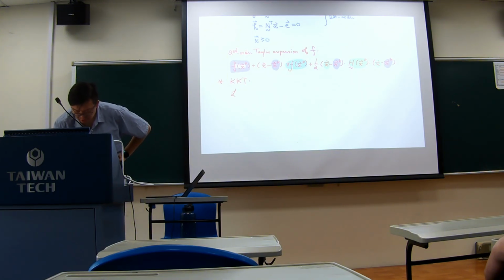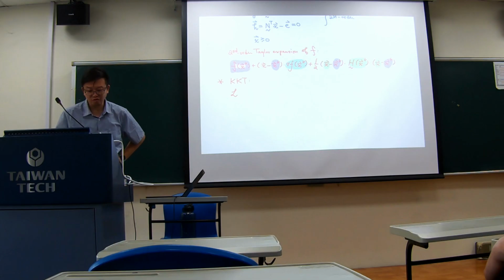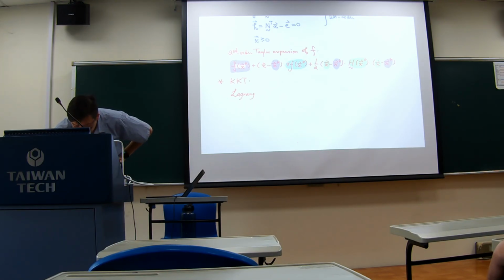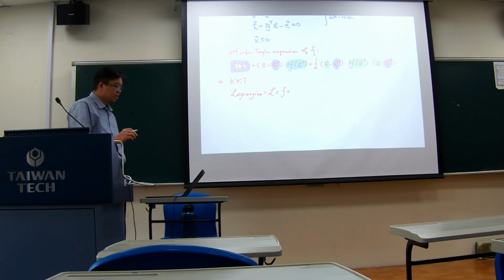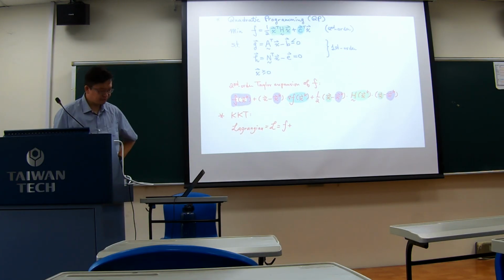So here we officially tell you the first equation is called Lagrangian. You can write it as L. Lagrangian basically is F plus Lagrangian multiplier times your constraints. So what are our constraints?